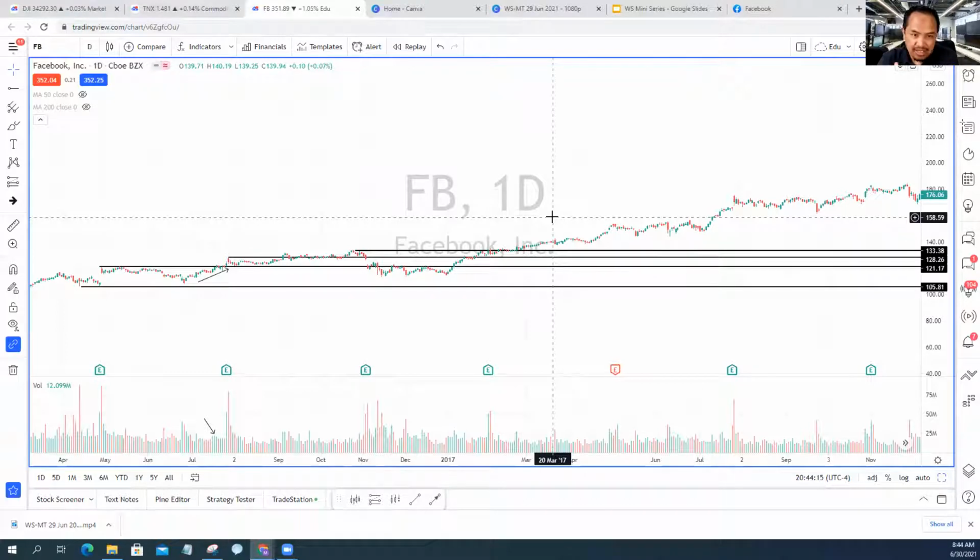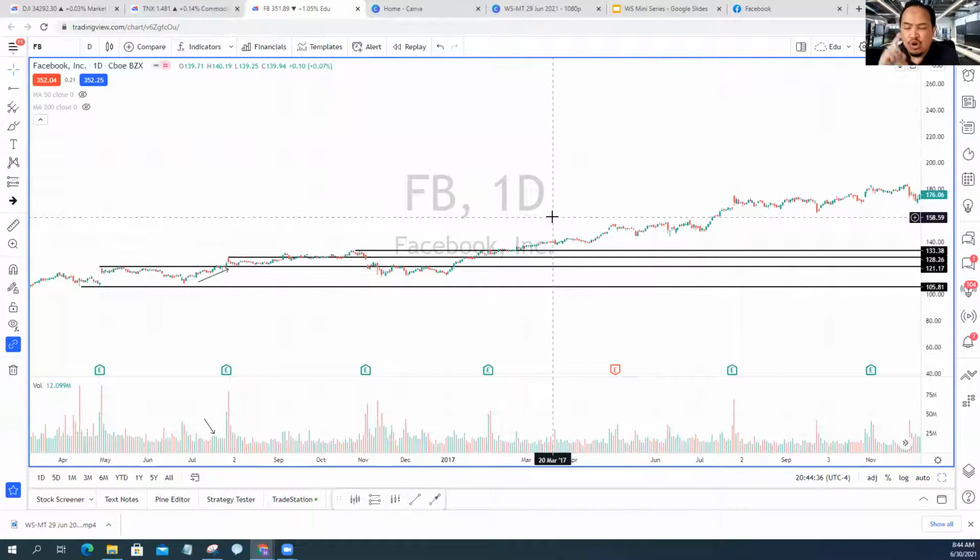You need to view the chart and understand what clues you need to see. First things first, you need to be able to plot down where the resistance is and where the support is, and then understand how the price moves.